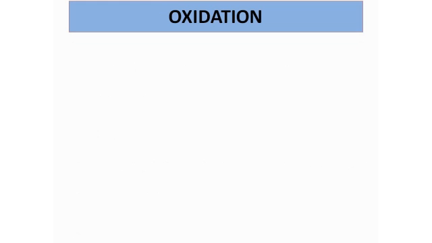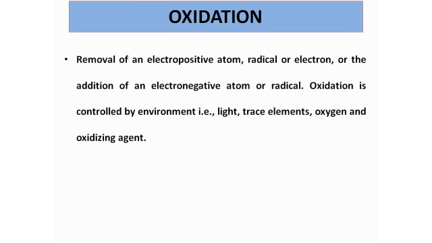Clear? The next type of reaction is oxidation. We know what oxidation is, right? It is the removal of an electropositive atom, radical or electron, or you can say the addition of an electronegative atom, that is oxygen, or radical. This process is known as oxidation.